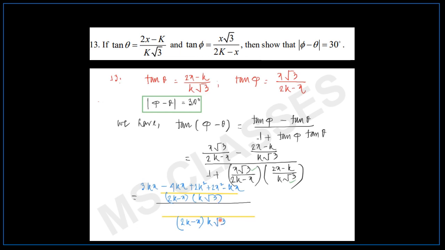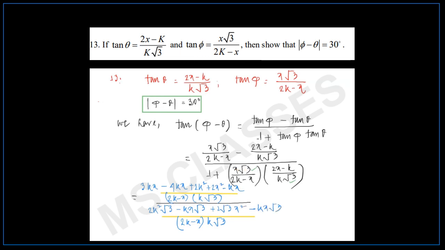Now after that, what do we write? This whole thing into 1. So what we get? We get here 2k square root 3 minus kx root 3. Now after that, multiply 2x into this one, 2x square root 3, that is, you can say plus 2 root 3 into x square minus kx root 3.